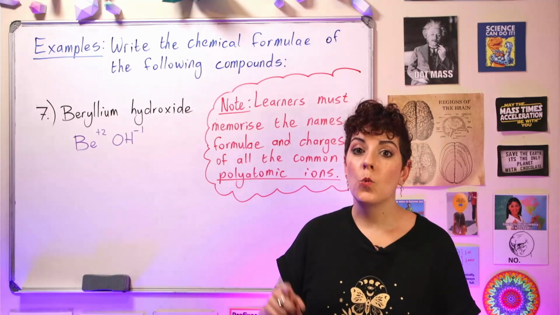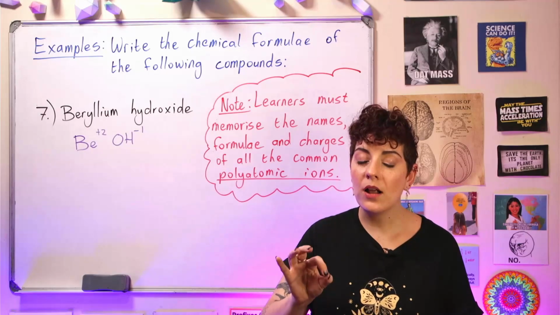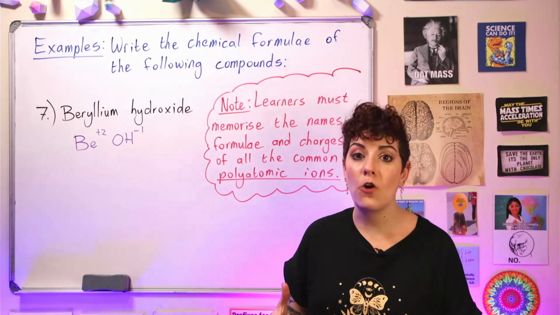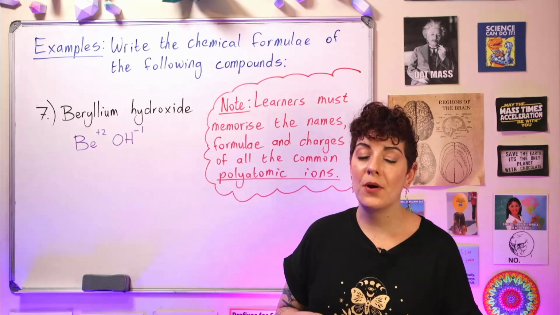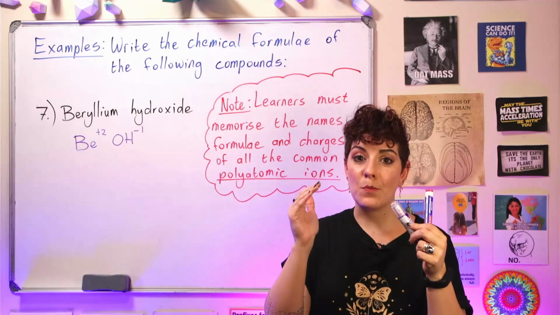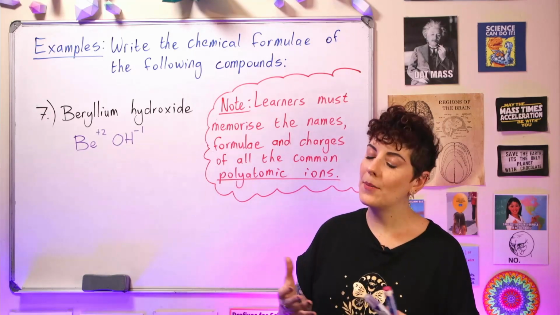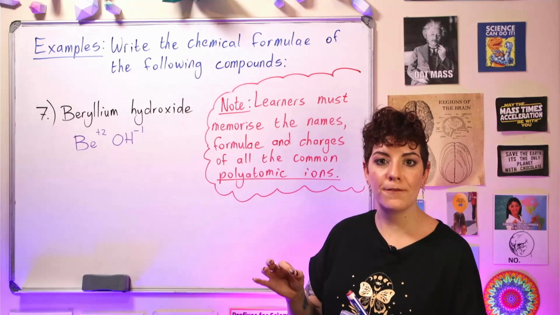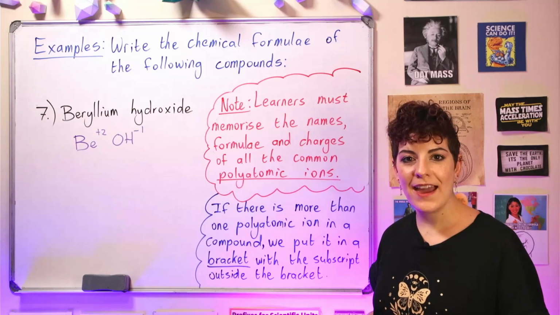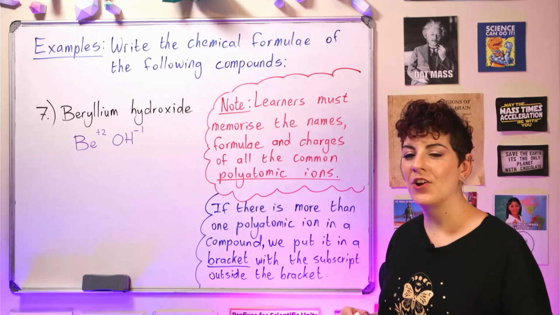Okay. Now, there is a rule with polyatomic ions that if you can see that you're going to land up with more than one polyatomic ion in the formula, you have to put that polyatomic ion in a bracket with its subscript outside the bracket. I'm going to add a quick note about that now before we go on. Great, so I've added that note about the polyatomic ion here in blue.